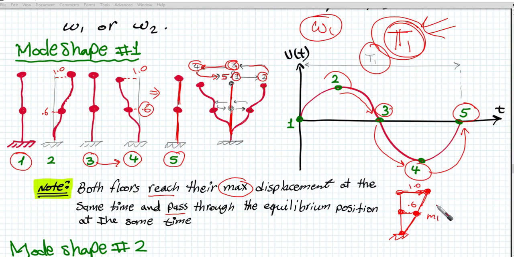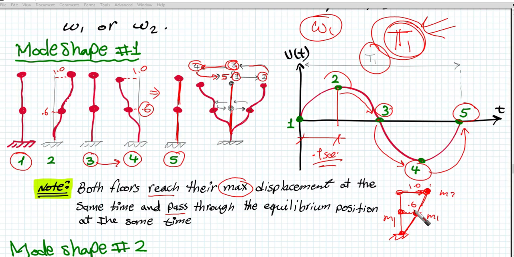If this is mass 1 and mass 2, let's assume this is, for example, 0.1 second. So after 0.1 second, mass 1 would be here, mass 2 would be here at the same time.